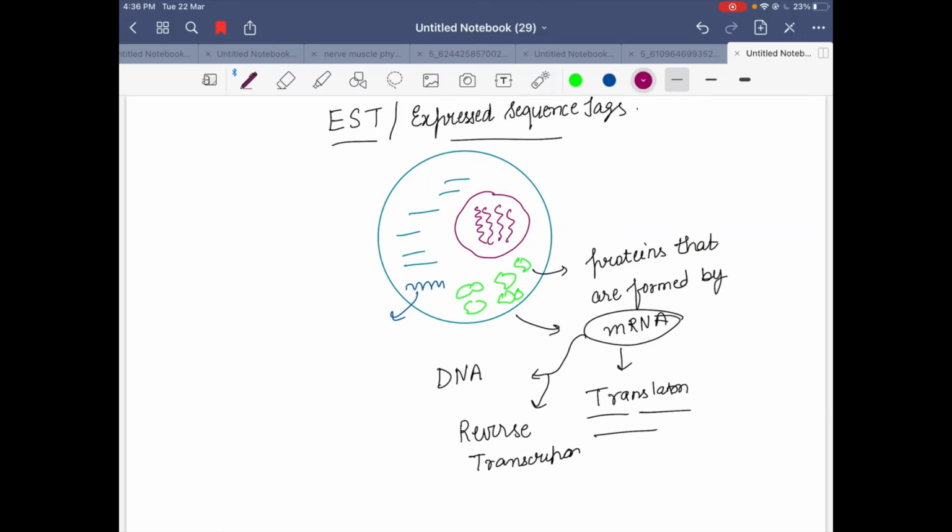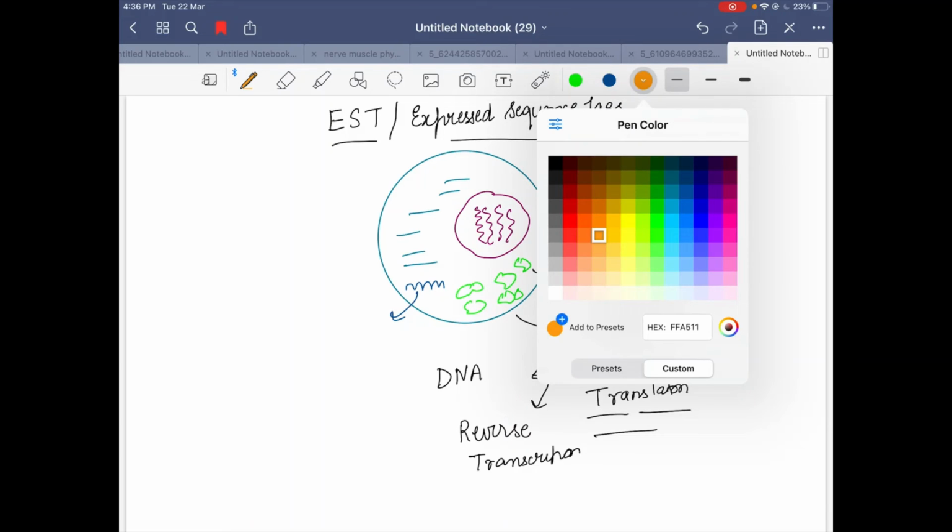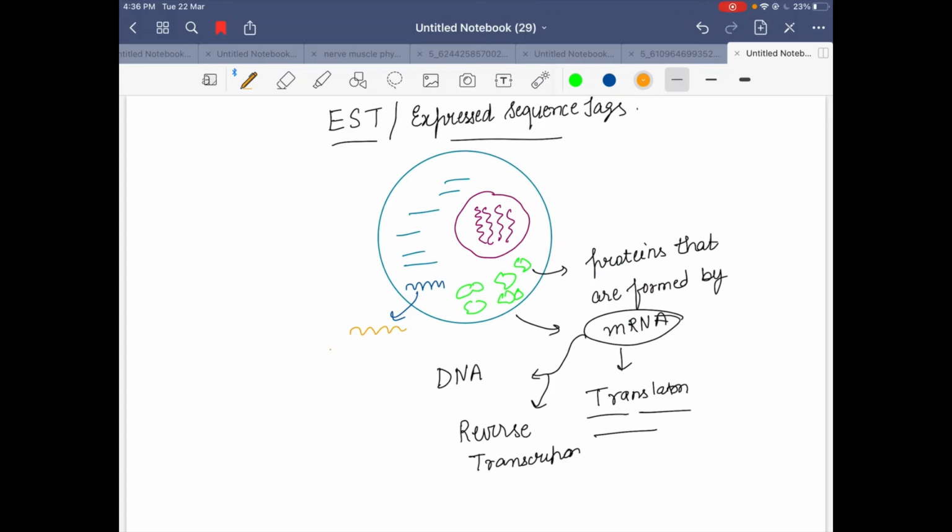This mRNA will be converted to DNA, which is called complementary DNA or cDNA, by the process of reverse transcription using the enzyme reverse transcriptase. Now the DNA which is formed will fuse with this RNA because both are complementary, so they will form a double strand connected by hydrogen bonds.